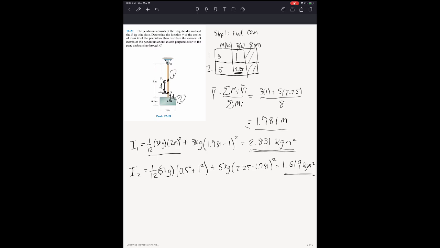The reason is that the distance between this term in particular is quite a bit larger for I1 than it is for I2. I still am curious, so I'm going to look through my calculation and double check it. It all seems to be correct. So it's worth noting that this term is also bigger than this term, I suspect, simply because this 2 squared is quite a bit larger than this term.